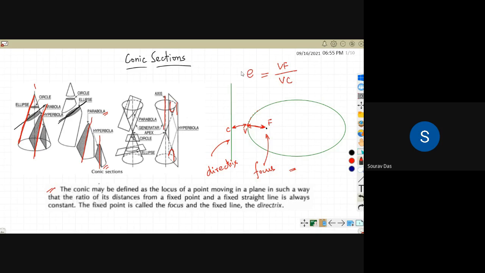This ratio is always constant, which is known as eccentricity. For all points on the conic section, the ratio of the distance from the focus and from the directrix will always be constant.